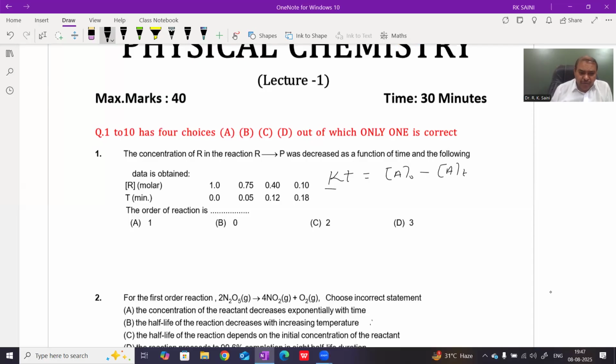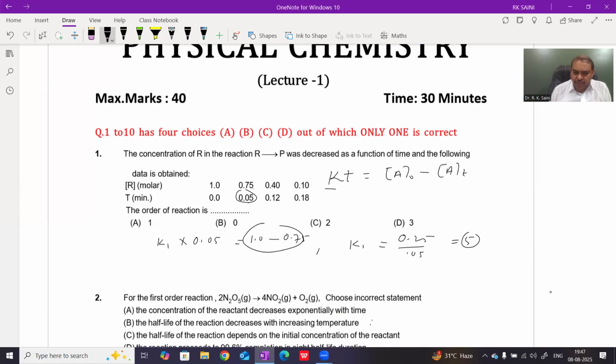For the first data, K1, the given time is 0.05 minutes. Initial concentration is 1, and at this time the concentration is 0.75. Therefore K1 equals 0.25 divided by 0.05, or 5, from the first data.